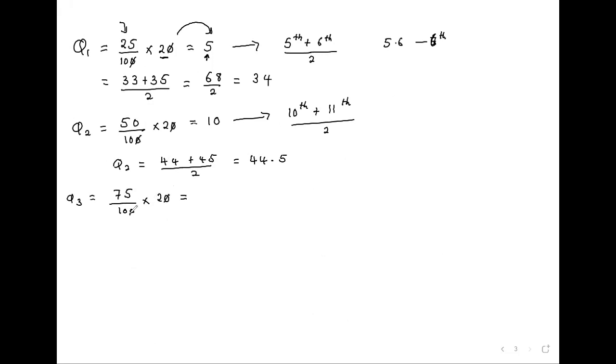And then Q3 is 75 over 100 by 20. So this is 7.5 by 2, which is 15. Quartiles and percentiles are the same thing. So 15, then you get the 15th plus the 16th, and then divide by 2. So Q3 is the 15th term.